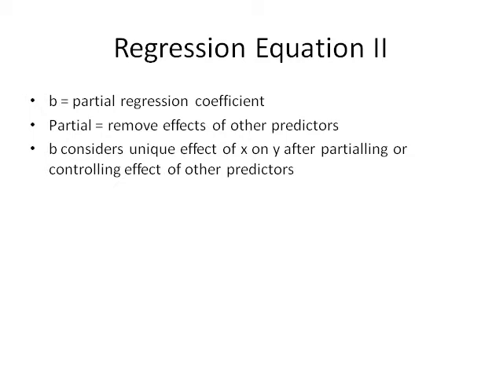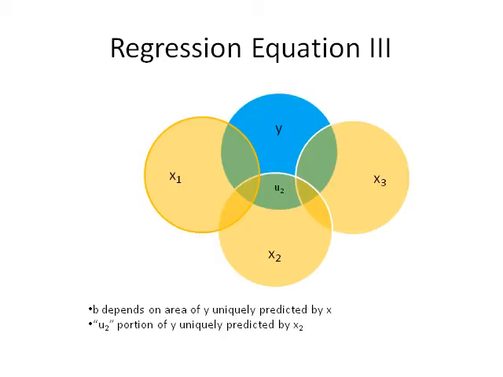Let's look at this way of looking at b with the help of an example. In this example, we represent a model in which three predictors are used to predict the variance in one criterion. Let's assume that the criterion y is a measure of life satisfaction, and for the predictors that intimacy is x1, income is x2, and anxiety is x3.